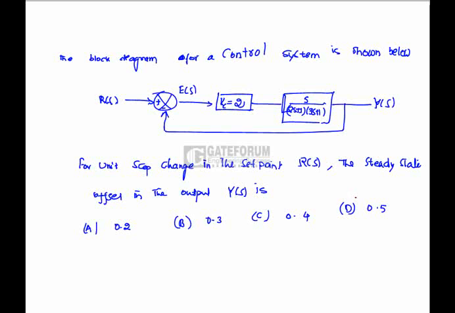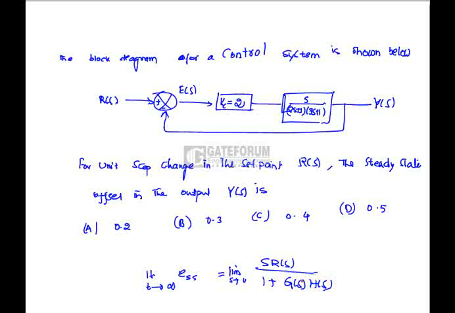Question is, the block diagram for a control system is shown below. For unit step change in the set point, the steady state offset in the output y of s is. We know the steady state error equation, that is limit t tends to infinity of ess, which is nothing but limit s tends to 0 of s into r of s divided by 1 plus g of s into h of s.